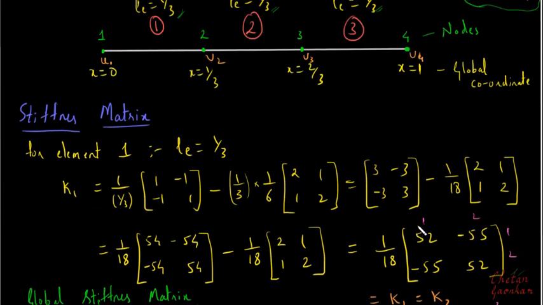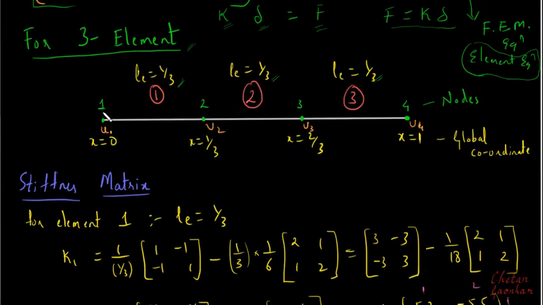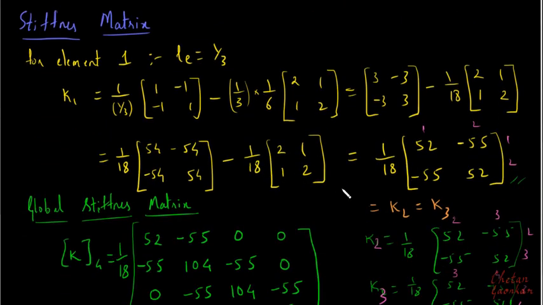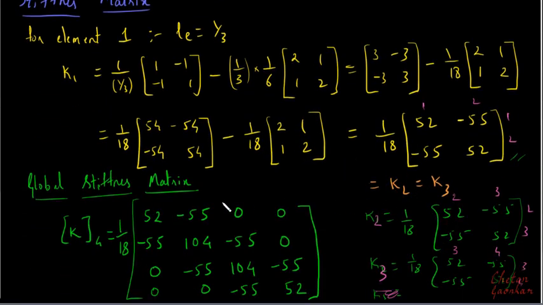Now I will combine them to frame the stiffness matrix for this entire domain, that is from x equal to 0 to x equal to 1. For the entire domain, if I want to combine these element level stiffness matrices, that is the three stiffness matrices K1, K2 and K3, I can frame it in this fashion.